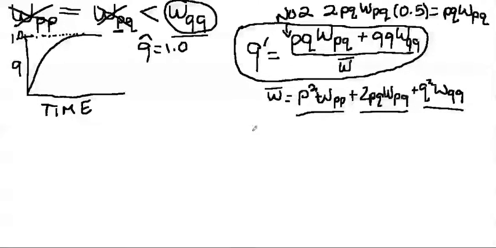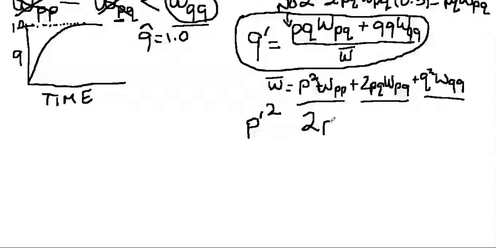And if we wanted to figure out our genotypes then, in that next generation, it would just be P prime squared, 2P prime Q prime, and Q prime squared, giving us the frequency of homozygous individuals with the A1 allele, frequency of the heterozygotes, and frequency of the A2 homozygotes.